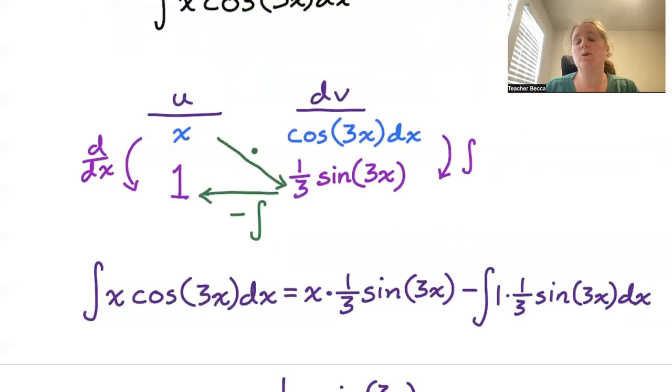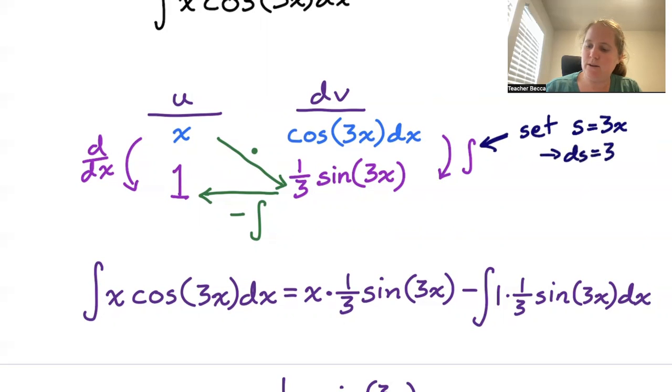Oh, I should have mentioned going from cosine 3x to 1/3 sine of 3x, I was technically running u substitution. Technically, I was setting u equal to 3x. So if we go over running our u substitution, let's do s equal to 3x, then we have ds is 3 dx, or 1/3 ds is dx.